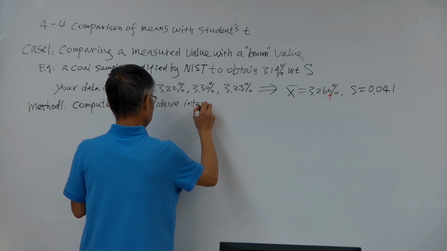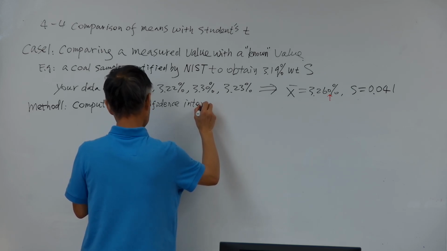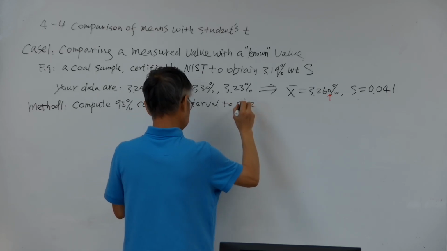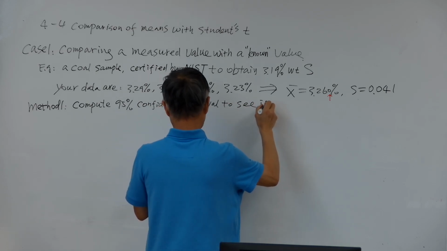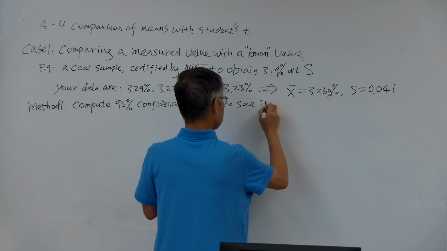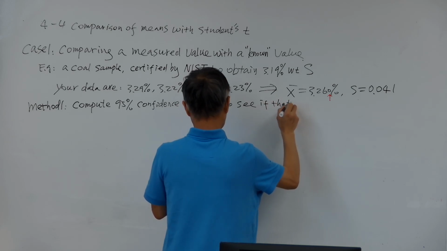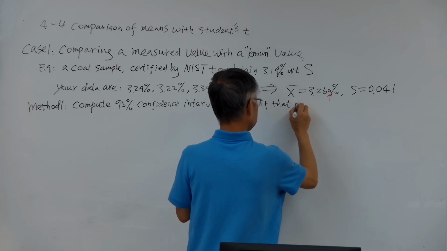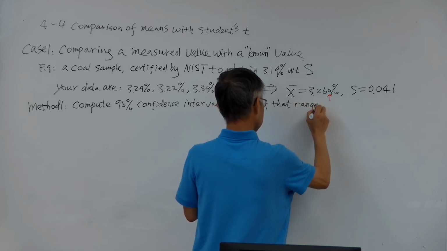So we calculate the 95% confidence interval to see if this confidence interval covers the known value. A confidence interval is a range, right?